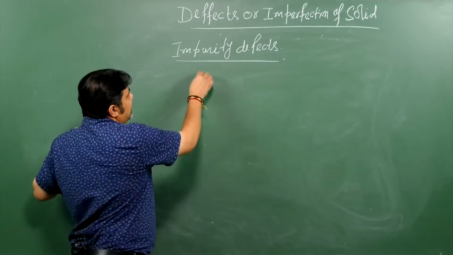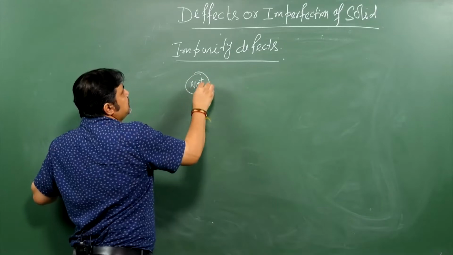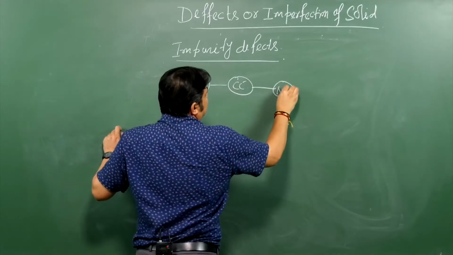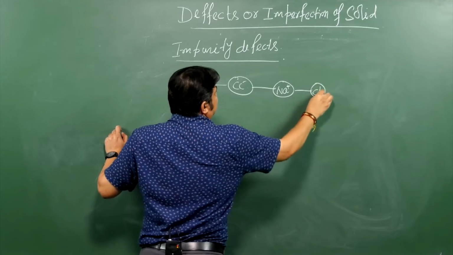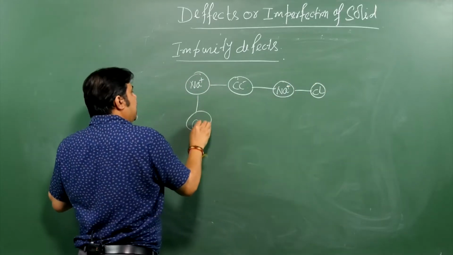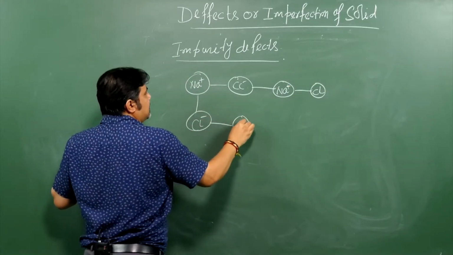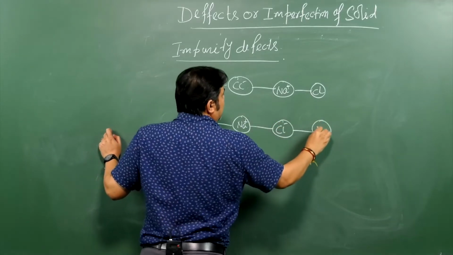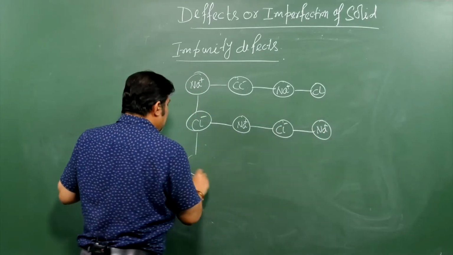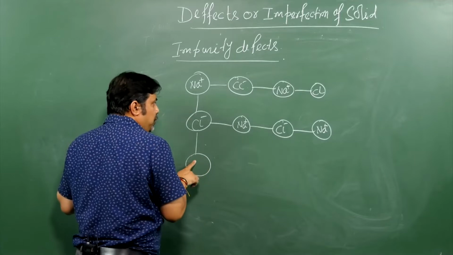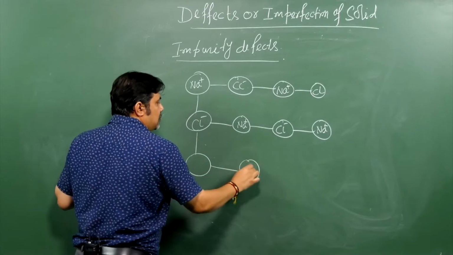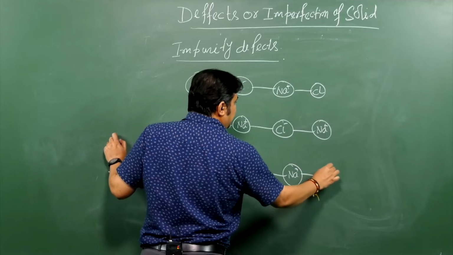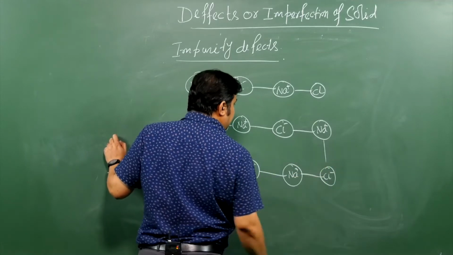Suppose there is Na plus, Cl minus, Na plus, and then Cl minus, Na plus, Cl minus, and one Na plus should be over here, but it is missing.